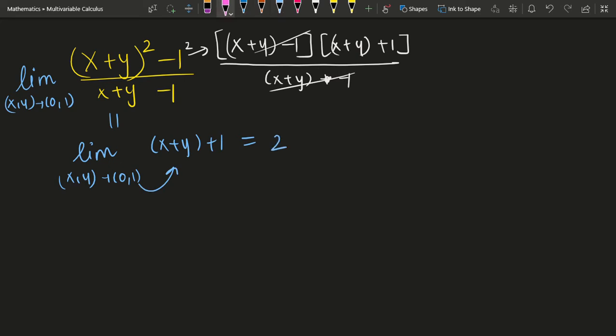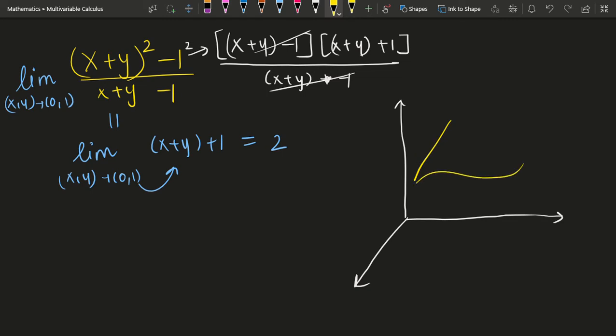Now the limit of multivariable functions can be defined formally, but let's look at the informal part first. Let's say you had a really random function, and let's say it had the structure of a sheet, looking something like this.